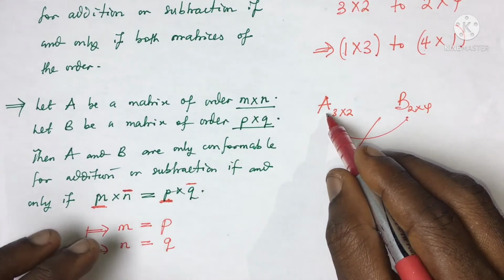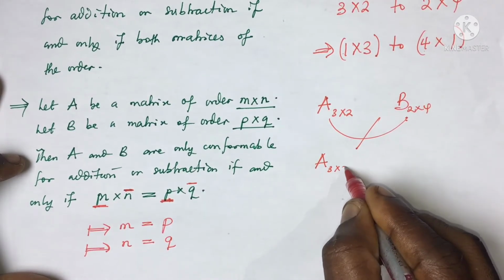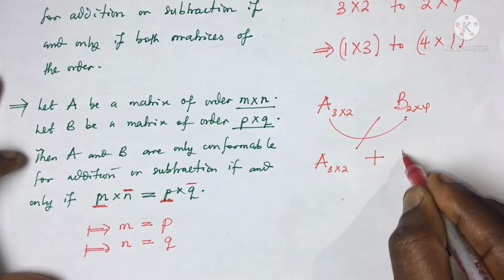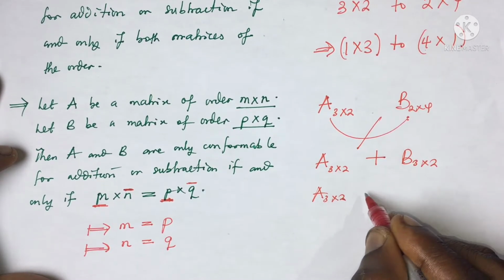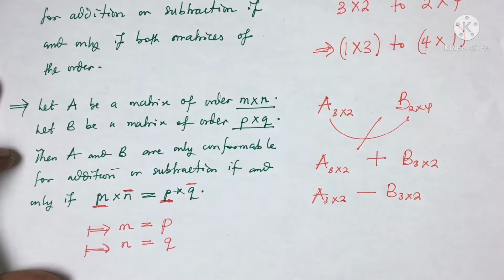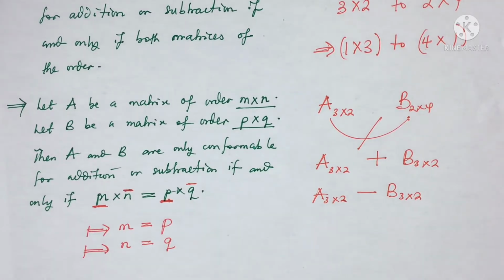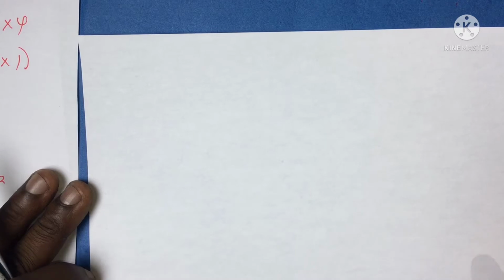So if A must be added to B, they must be of the same order, meaning that A, 3 by 2, can only be added to B, 3 by 2, and A, 3 by 2, can only have B, 3 by 2, subtracted from it. So two matrices are conformable for addition only if they are of the same order. So take note of that, and let us take the following examples. Let me bring this here as an illustration.